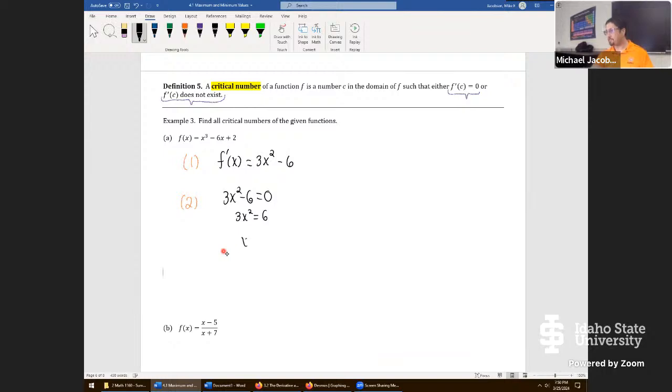Divide by 3 to get x squared is 2. Then the last thing to do is just to take square roots of both sides. We'll get x equals positive or negative square root of 2. So these are the critical numbers of f. So we did it.